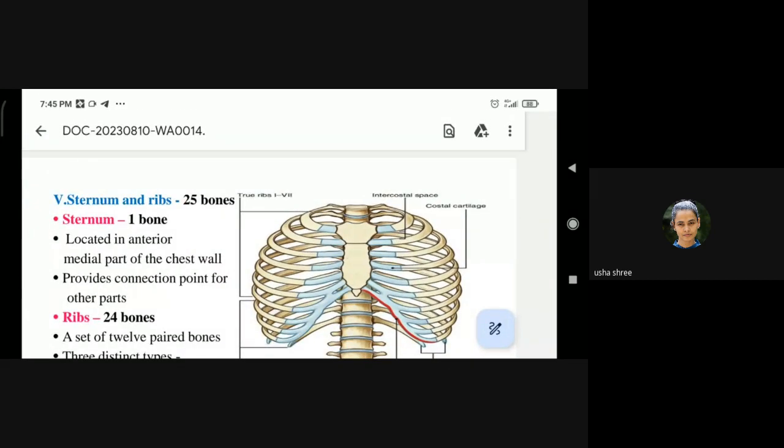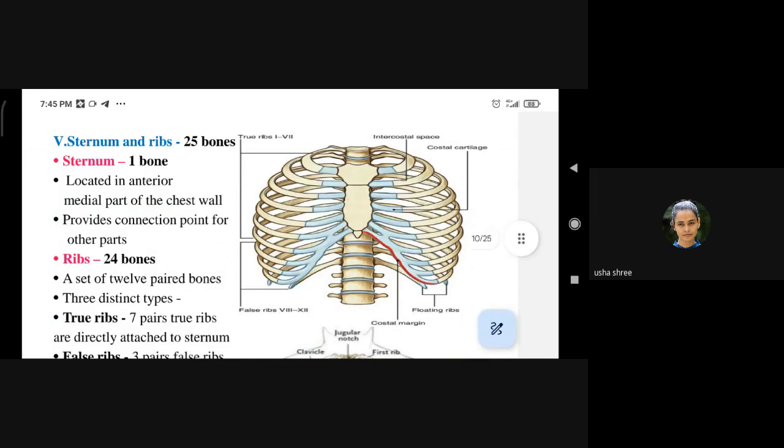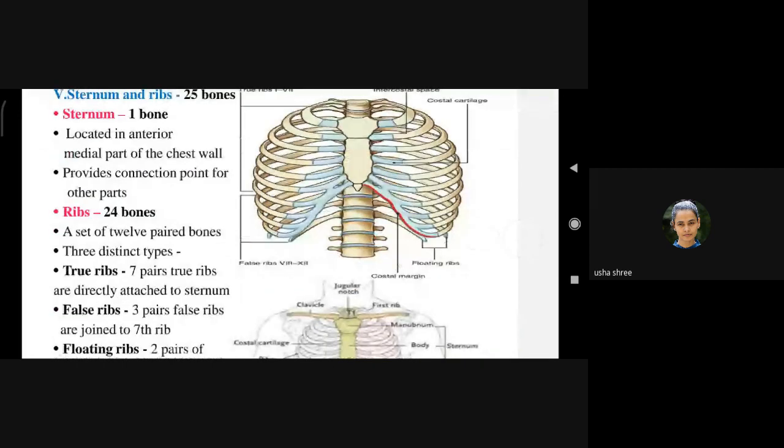The sternum is located in the anterior medial part of the chest wall. It is located at the very front of the chest wall and provides a connection point for other parts. And the other 24 bones are a set of 12 paired bones.